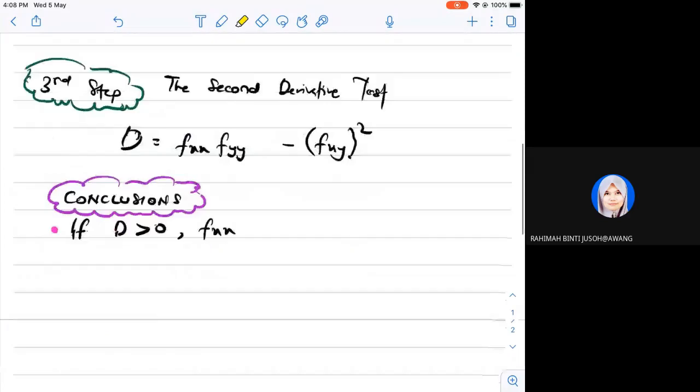If fxx is also greater than 0, then the conclusion is relative minimum. Relative minimum.